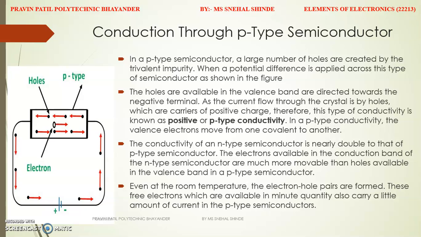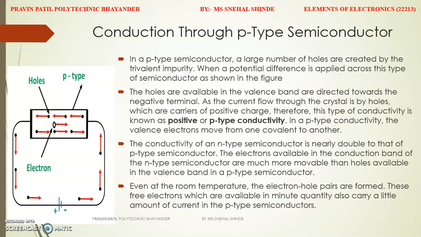When an external DC source is applied across a p-type material, the holes move in the valence band. The movement of holes is towards the negative terminal of the supply. The free electrons move towards the positive terminal of the battery.